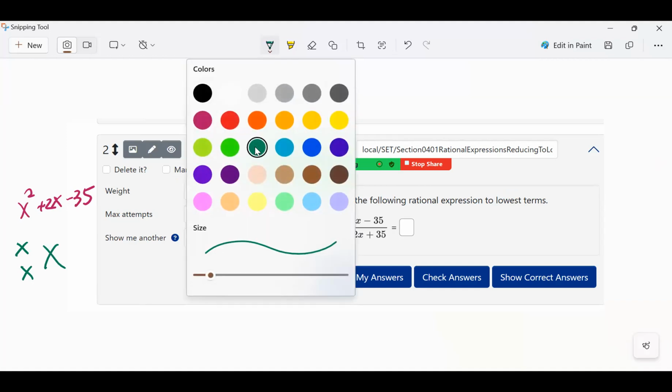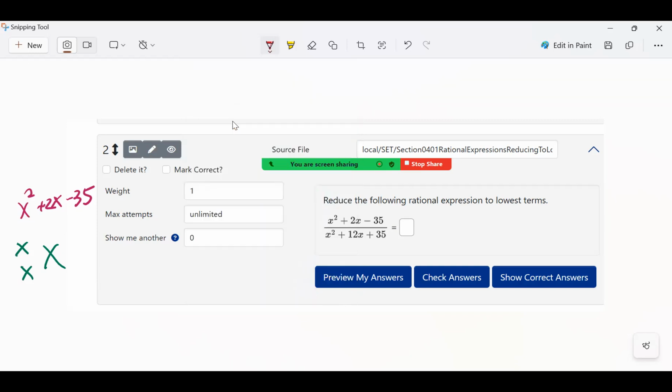From there, you factor the minus 35. There are several ways to break that down, and the key is to get a middle term of plus 2. So we'll use plus 7 and minus 5. The reason is that 7 times 5 gives 35, and adding 7 and minus 5 gives us positive 2.